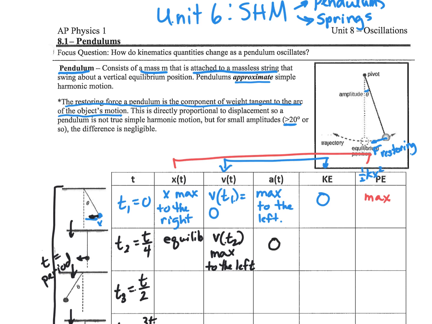Now, let's get to our kinetic energy. Kinetic energy is connected to velocity. So if the velocity is at a maximum, the kinetic energy is also at a maximum. If this thing is at equilibrium, which is our 0 point, isn't it? Then the potential energy is also 0. And I want you to notice something.